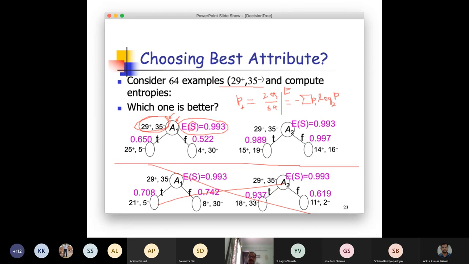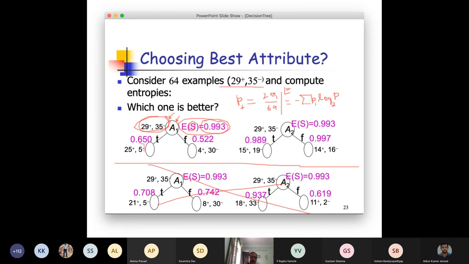You compute this for the positive level, then for the negative level, and then you add them. Of course, the minus sign has to be considered after that. This is the definition. You just compute it, and you will get 0.99.